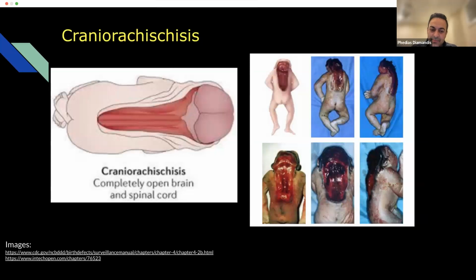So again, here are some pictures from the internet that I think illustrate the point. You have a complete defect from the brain down to the very caudal component of the spinal cord, and you have this characteristic defect on the back of the fetus that looks almost identical in these various examples.